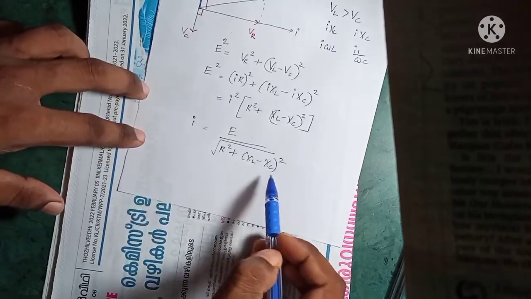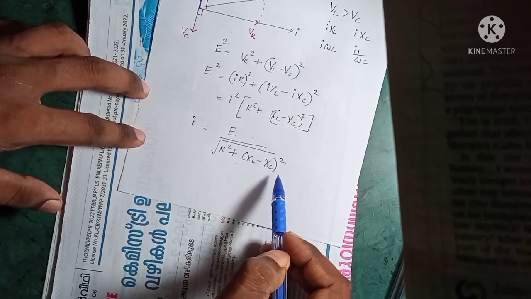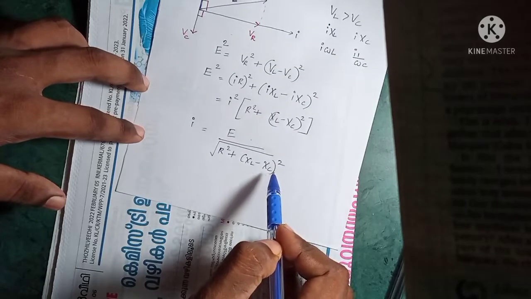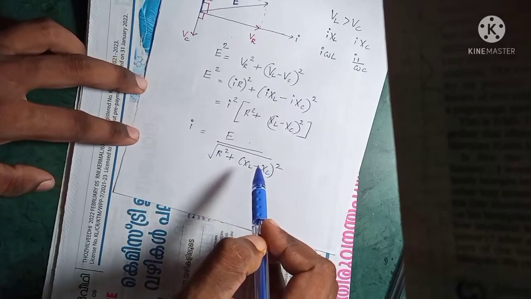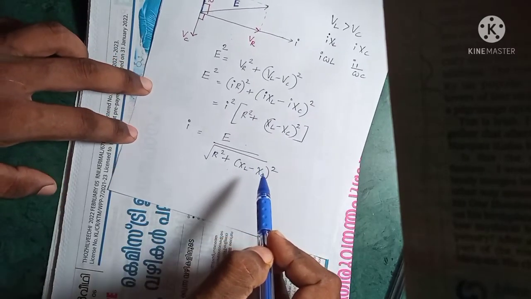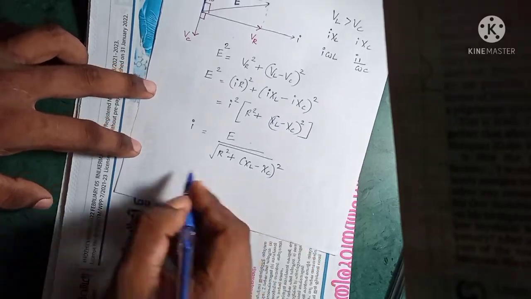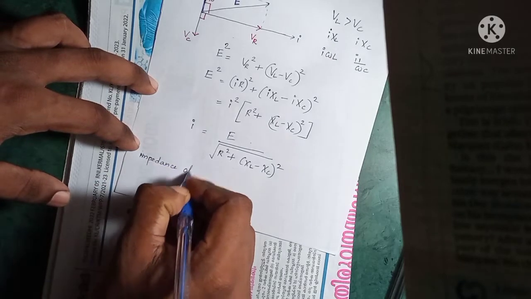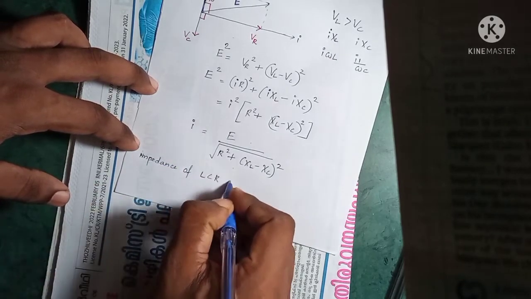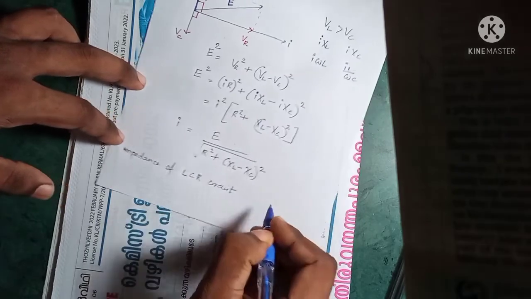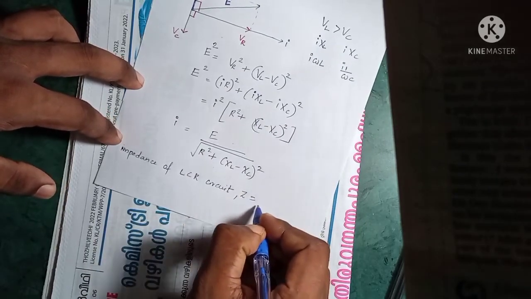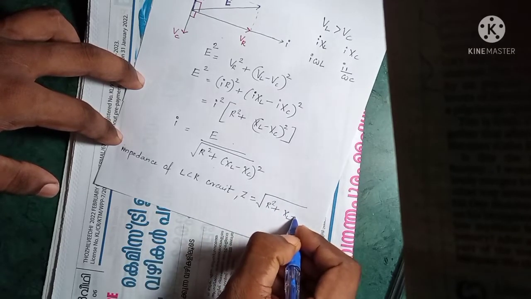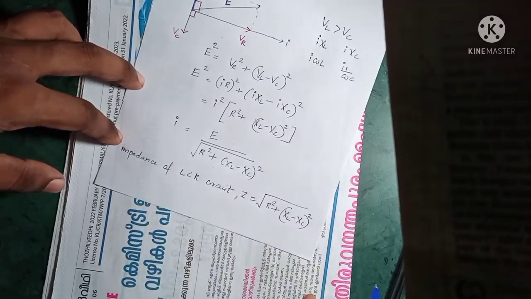From Ohm's law, we can understand that this term in the denominator gives the effective resistance in the circuit, and this is called the impedance of the LCR circuit. This is given by Z equals root over R squared plus XL minus XC whole squared.